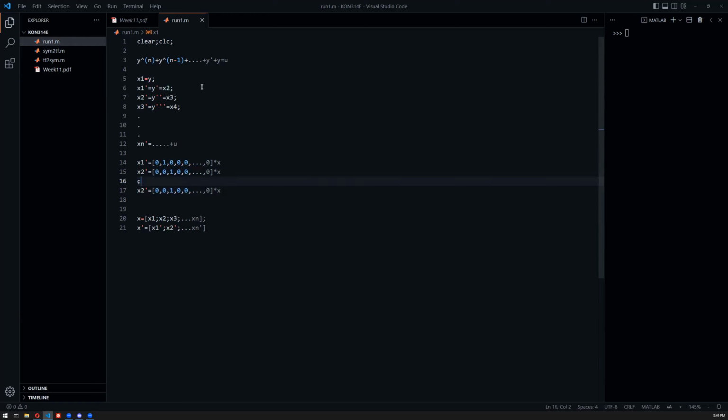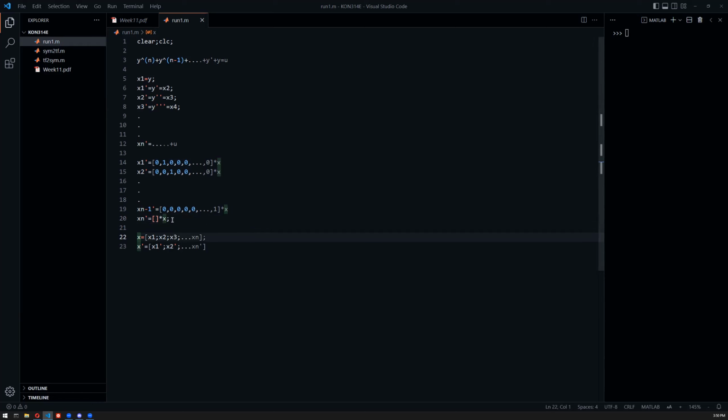So dot, dot, dot, xn minus 1 is going to be 0, 0, 0, everything is 0, but the last entry is going to be 1 times x. Now this is a certain pattern. Then we will have xn, which is the actual differential equation here, and it will be a linear combination of the rest of these variables here. So this row is a special row here, times x.